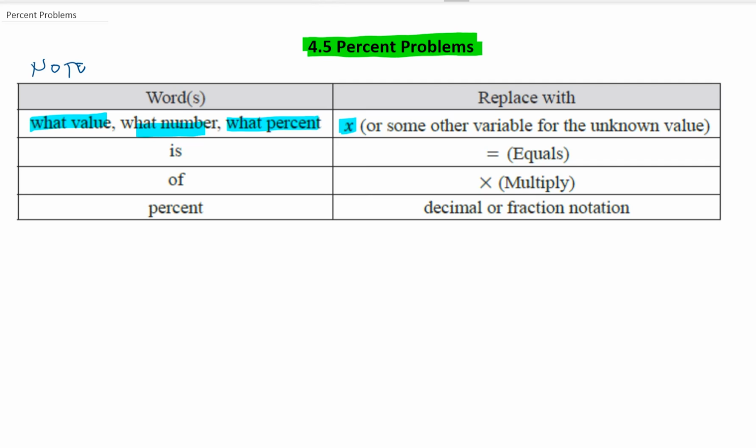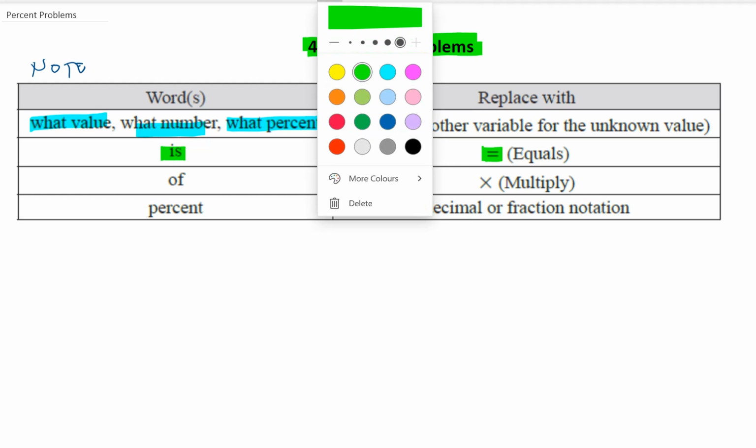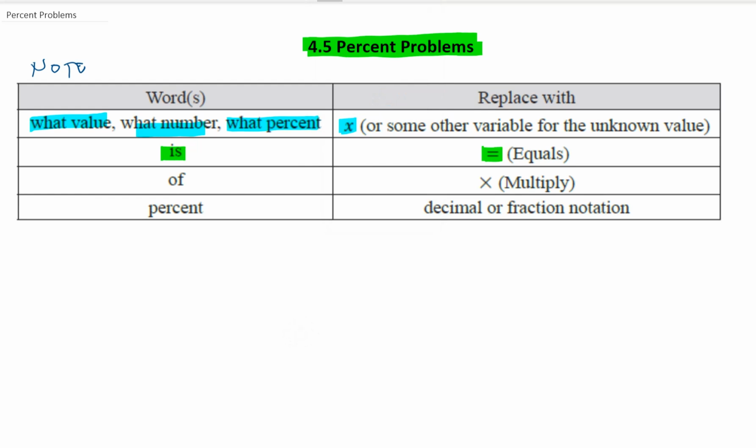And then if you encounter the word is, that means equal to or equals something. So by operation, is something that is equated to something. And then if you have of, usually the word of pertains to a multiplication operation.